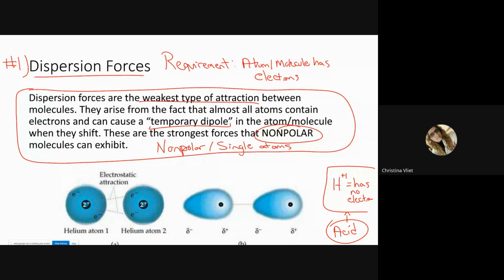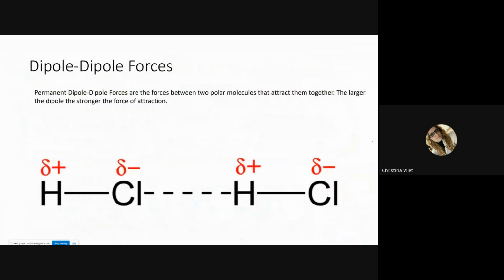Everything else besides that actually has electrons that we know of. Even H2. Everything on the periodic table that we know of has electrons. The only thing that naturally exists, I should be clear, that doesn't have electrons is H+1. Hydrogen is a nonmetal that has low electronegativity, so it actually loses an electron, just like a metal.